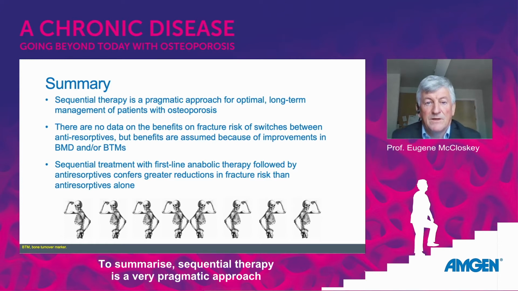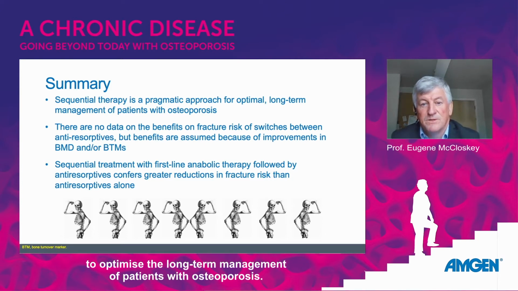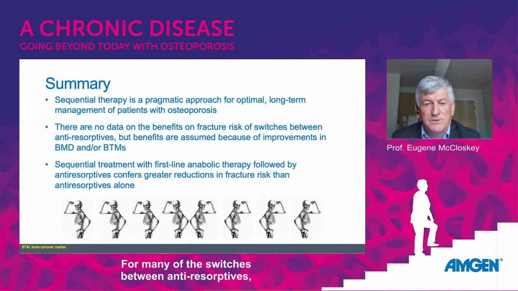So to summarize, sequential therapy is a very pragmatic approach to optimize the long-term management of patients with osteoporosis. For many of the switches between antiresorptives, we don't have, and are probably unlikely to ever have, data on anti-fracture efficacy of those switches.